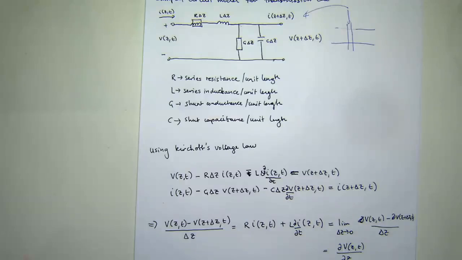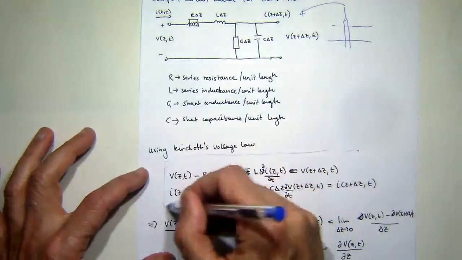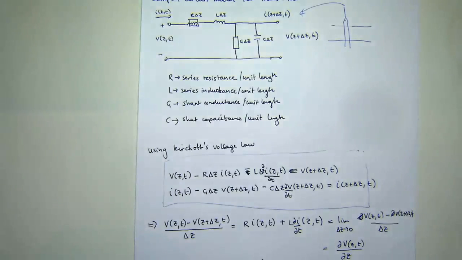So that's all I've done here to set up the relationships which will give me the differential equations for the frequency relationship between the voltage and the current on this transmission line.